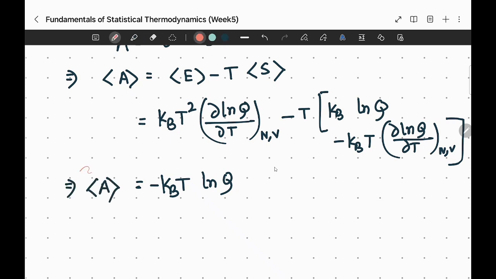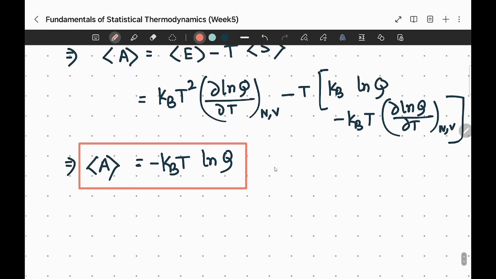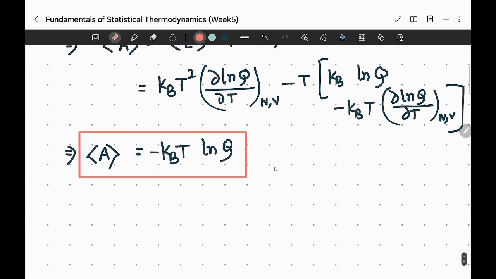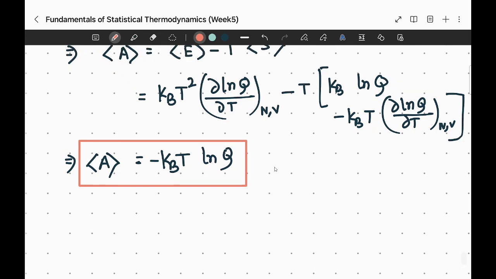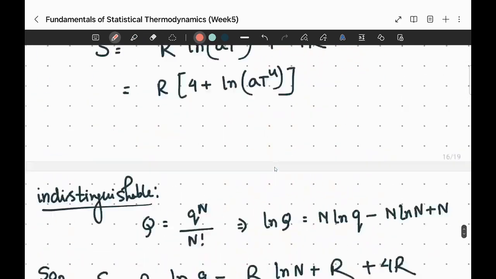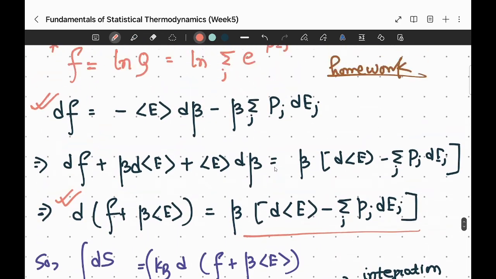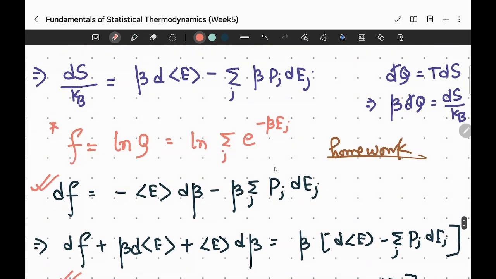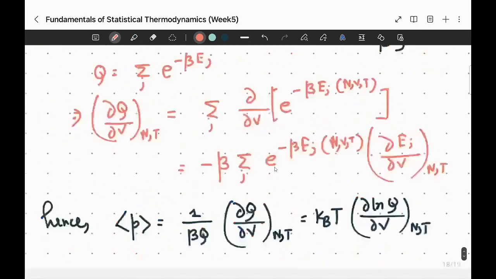Okay. So for the canonical ensemble, the Helmholtz free energy is directly related to the partition function. You can see KBT, this is just beta, this is constant. That's just ln Q. That's why I am talking about that function. This function is actually the Helmholtz free energy with some constant. You can see ln Q, Helmholtz free energy is also ln Q, right?